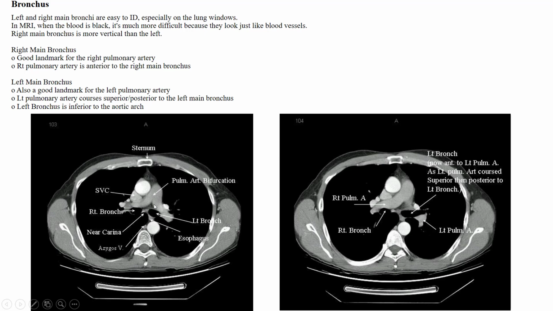They can be slightly different from one another, but they're about that same level, so when you see the two bronchi instead of the single trachea, then you will see the pulmonary artery bifurcation very close by.